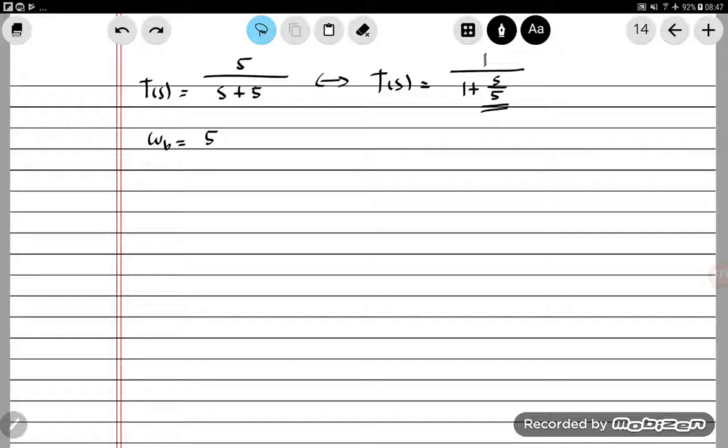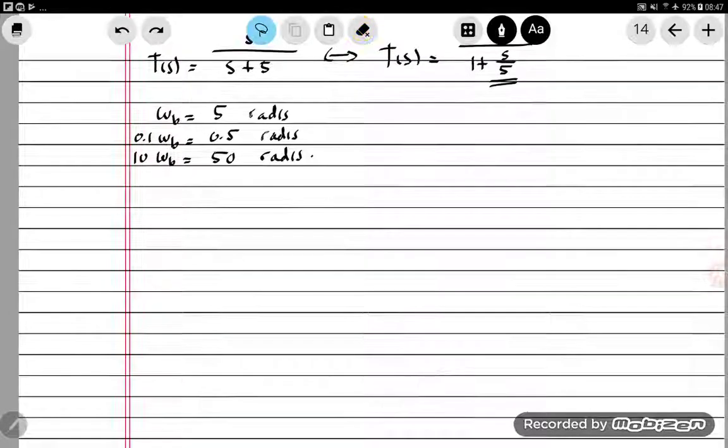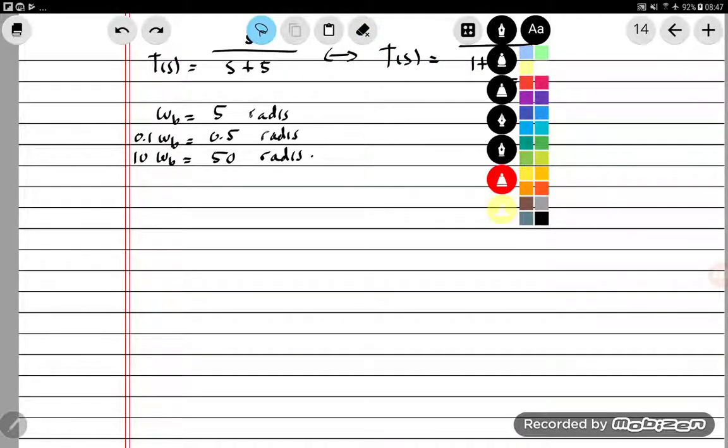A tenth of the break frequency is 0.5, and 10 times the break frequency is equal to 50, all in radians per second. Now we can just directly draw the Bode plots.